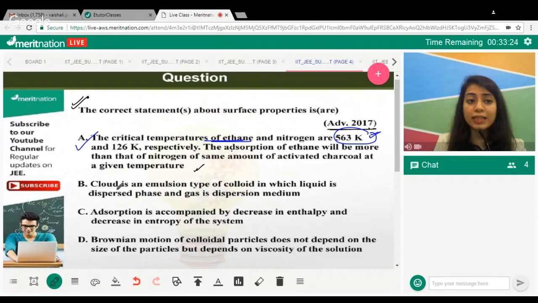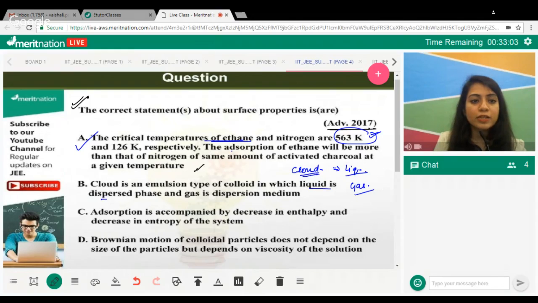B says that cloud is an emulsion type of colloid in which liquid is the dispersed phase and gas is the dispersion medium. Is it true? In this colloid, the dispersed phase is liquid and the dispersion medium is gas. So this is half correct.